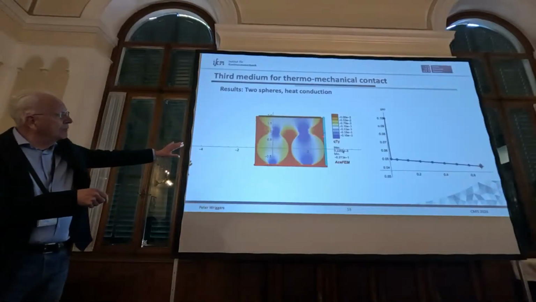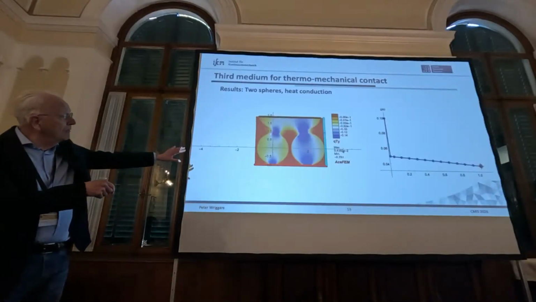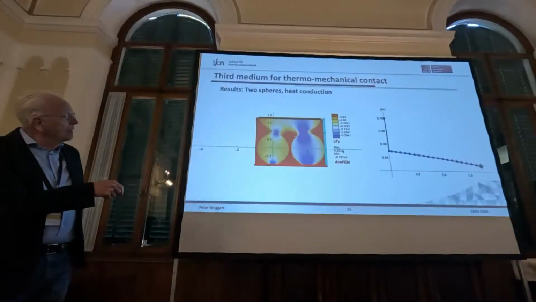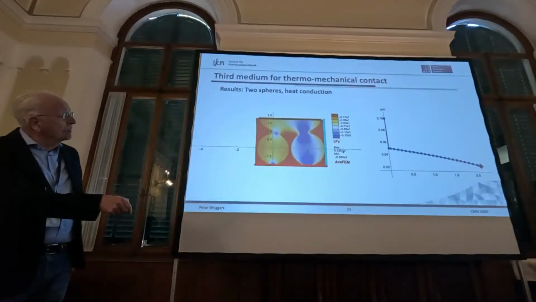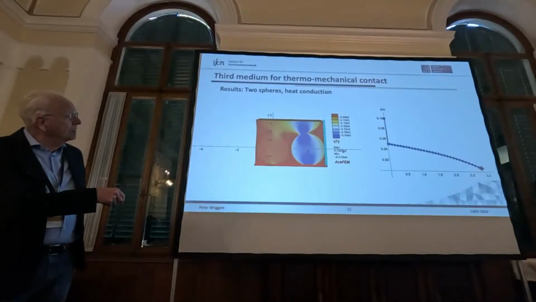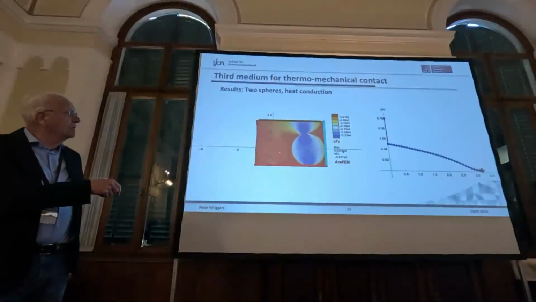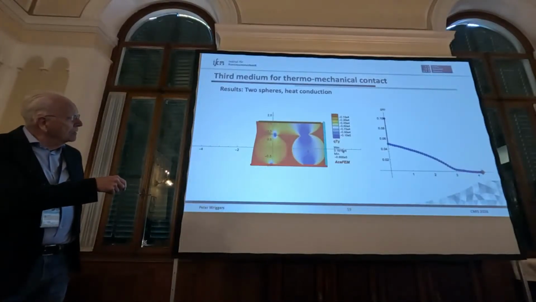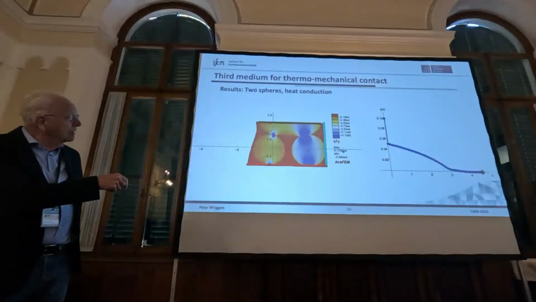In the beginning, I mean, this is very small numbers. We have some heat transfer going through the gas everywhere. Once this thing gets into contact, which you can see here on the side, it's getting closer. This one basically disappears. So all the heat flux goes in this direction. And then when it moves out, it comes back again in contact. So you still have a little bit of heat flux here.